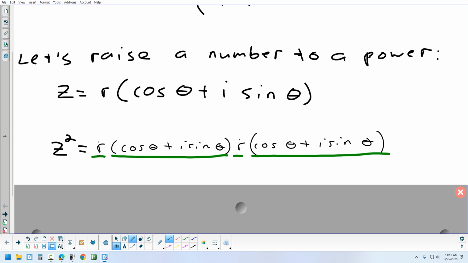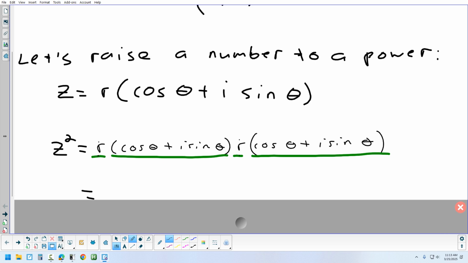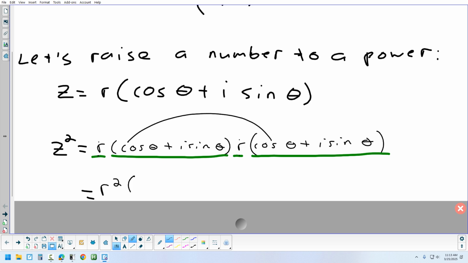So let's do the easy ones first. What's r times r? r squared. So pretend like that r is now in front with the other one. And the rest of it, that's a distributive property. What's cosine times cosine? So cosine squared. I have cosine times i sine, and then I have another cosine times i sine.